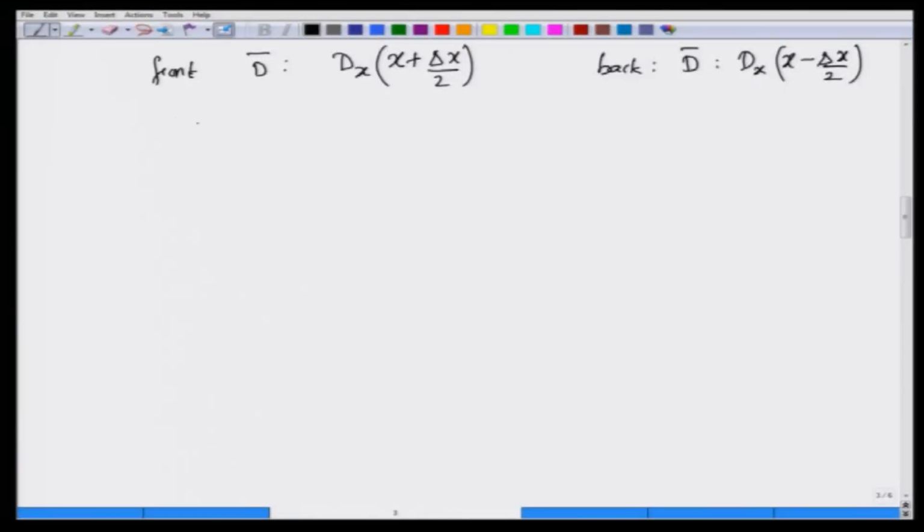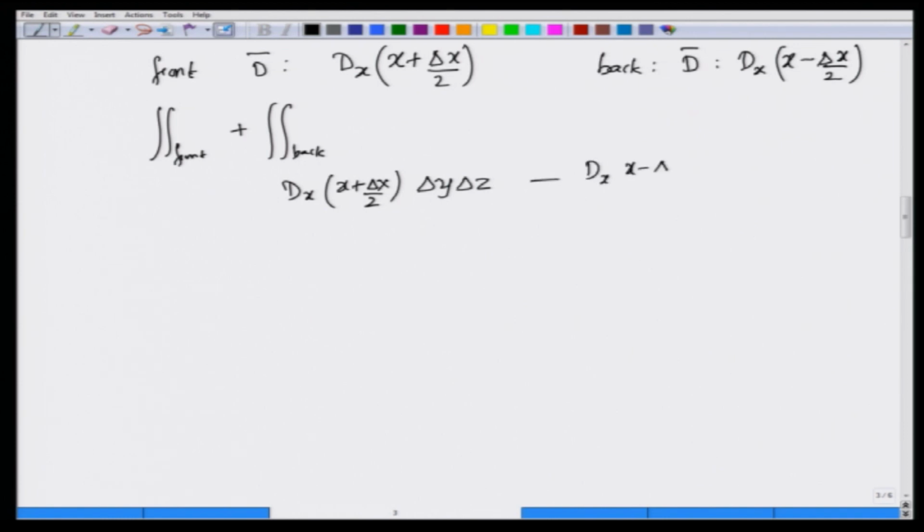Now, look at the integration over front and back surfaces. So, if you integrate front and back surface and add the two integrals, okay, what are you going to get? So, this integral on the front surface will be equal to Dx of x plus delta x by 2 times delta y delta z, correct. What about the back surface? Back surface will be Dx of x minus delta x by 2, which we are assuming to be constant, times delta y delta z.